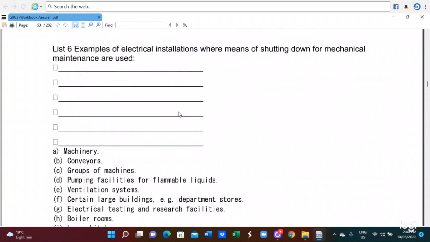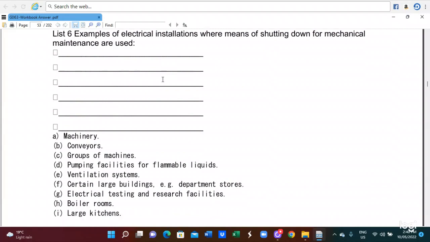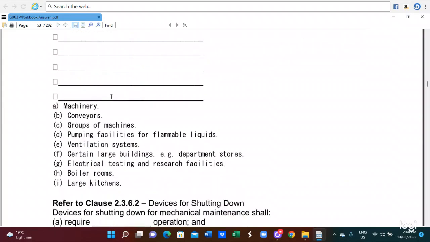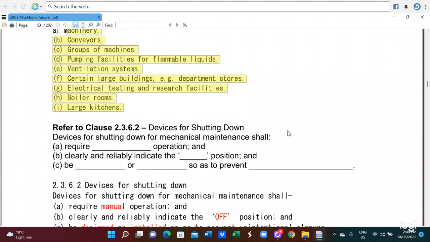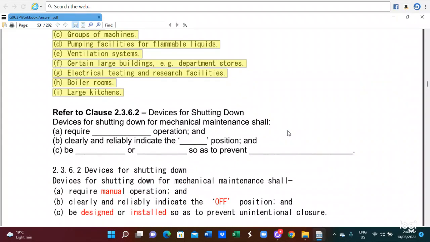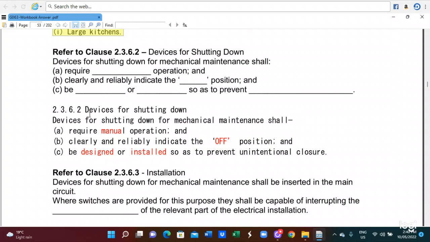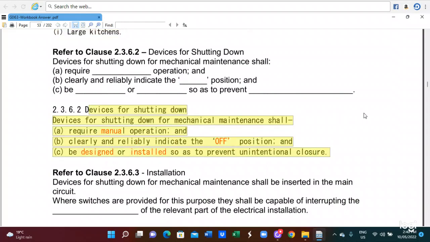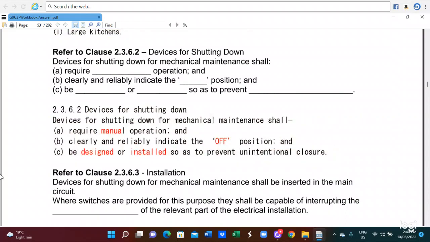For example, an electrical installation may require shutting down for mechanical maintenance, so the equipment needs to be shut down. The device for shutting down is for manual operation. They also indicate the off position, designed and installed so that it prevents inadvertent closure.